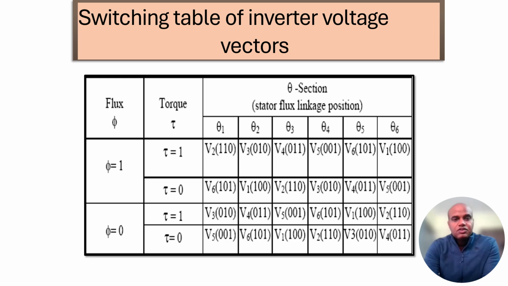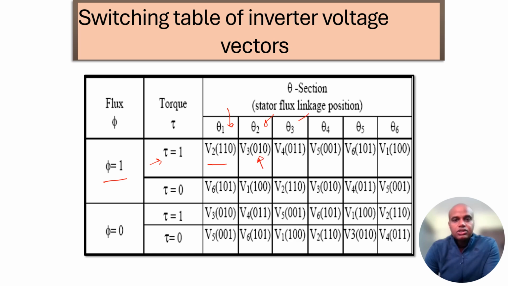This table gives me a comprehensive idea of which vector needs to be selected. Let's say I need to increase the flux, and I also need to increase the torque. If my actual vector has been identified in sector 1, then I need to choose the voltage vector V2. If it is in sector 2, then I need to select the switching vector V3.